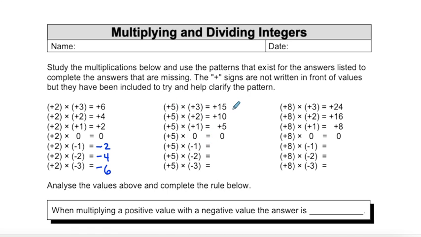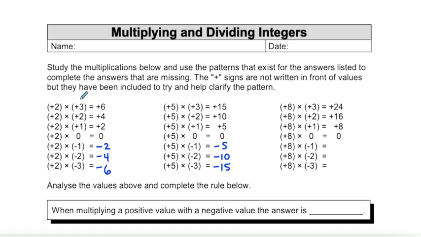5 times 3 is 15, 5 times 2 is 10, 5 times 1 is 5, and 5 times 0 is 0. 5 times -1, again, use your calculator, will give us -5. 5 times -2 is -10, and 5 times -3 is -15.